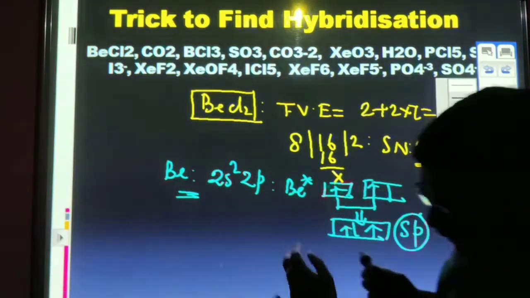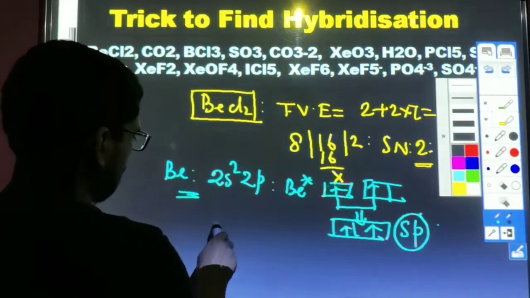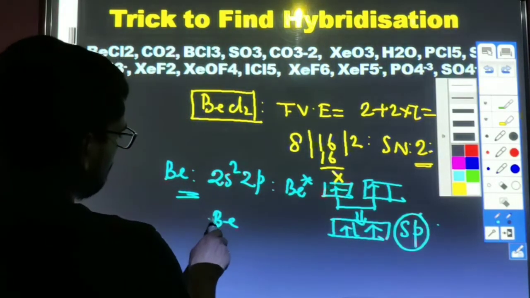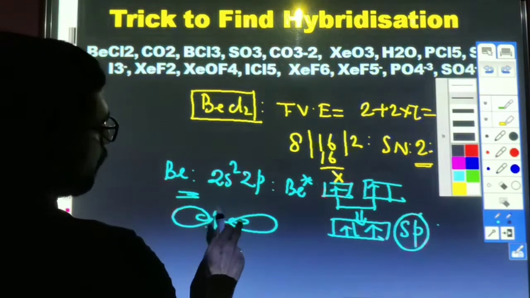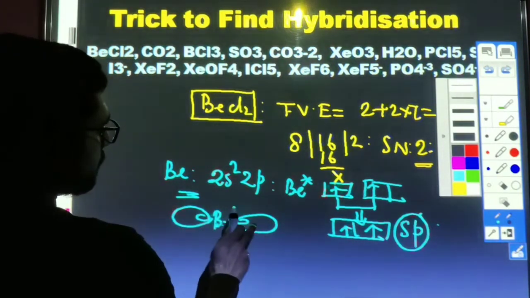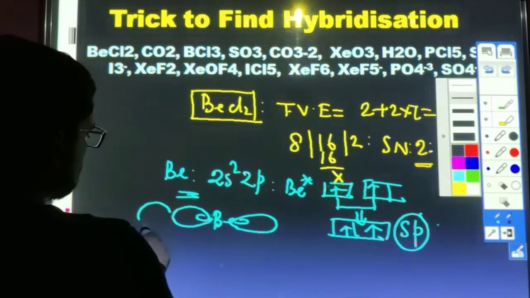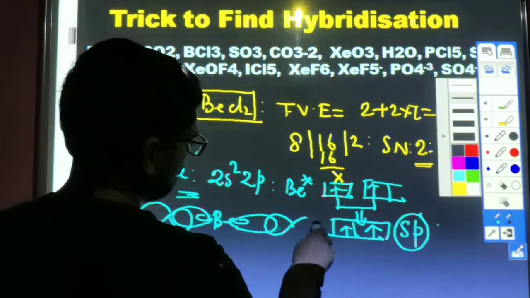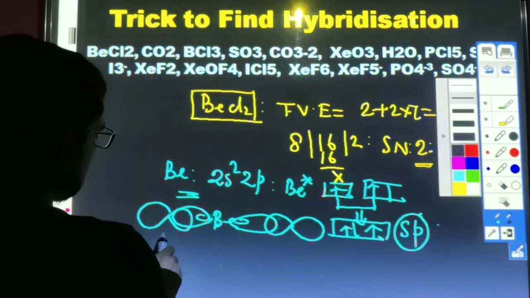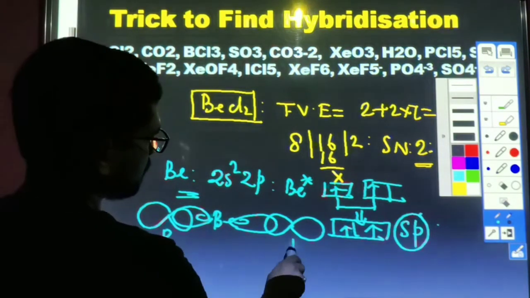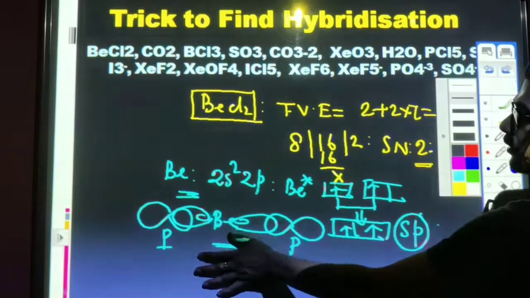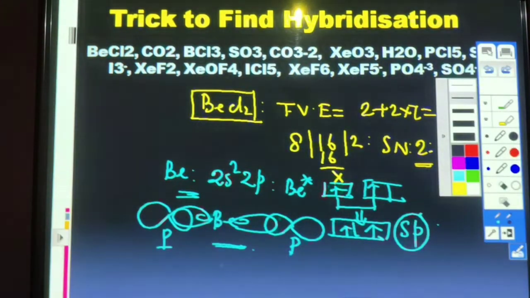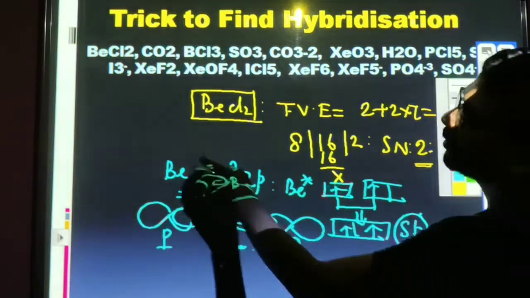Now if you form the bond, these 2 sp hybridized orbitals overlap with p orbital of Cl, and that will give you the BeCl2 molecule structure. And this is the hybridization for beryllium.